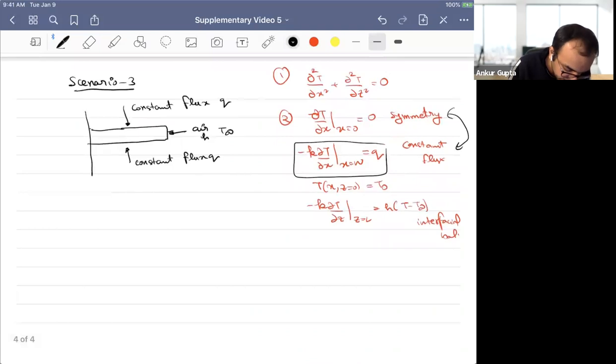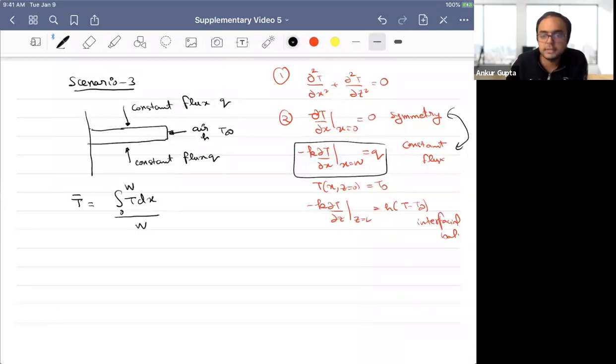We can. For that, we define T bar, which is the average temperature, much like the first problem we were discussing, scenario 1. Let's describe this as the integral from 0 to W, divided by W. This is basically saying let's average out the temperature in the x direction. This is the definition of an average. I believe you have seen this in your other courses: you integrate over the dimension and then divide by the distance.